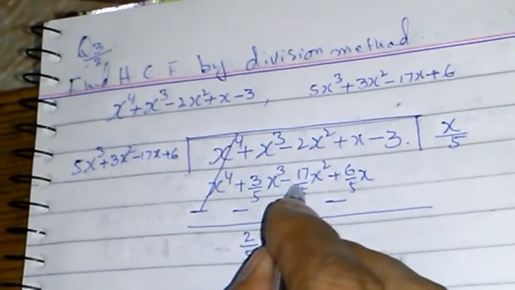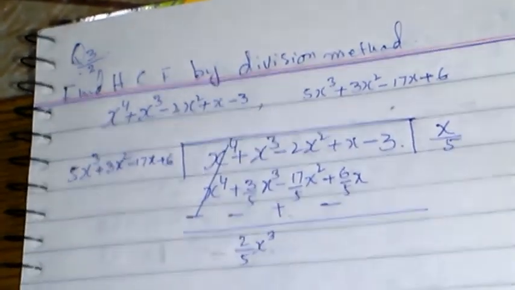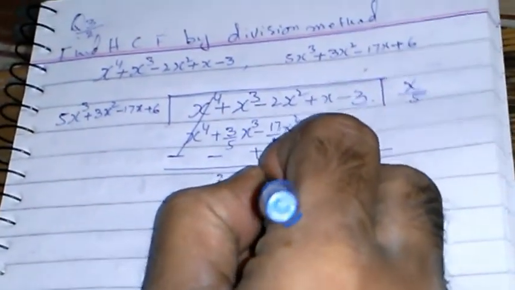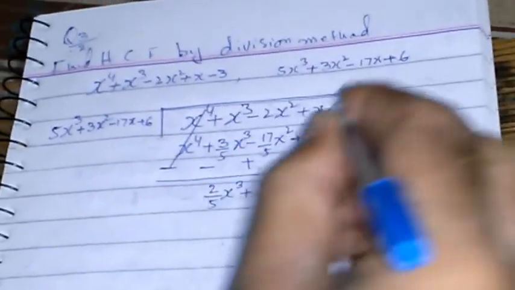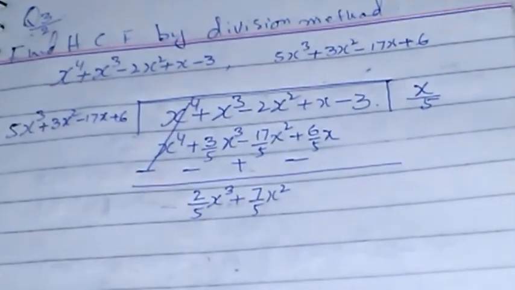Then 17 over 5 minus 2 is equal to 7 over 5, plus 7 over 5 x square. 1 minus 6 over 5 means 5 minus 6 over 5 is equal to minus 1 over 5.